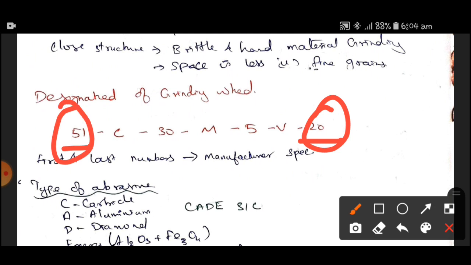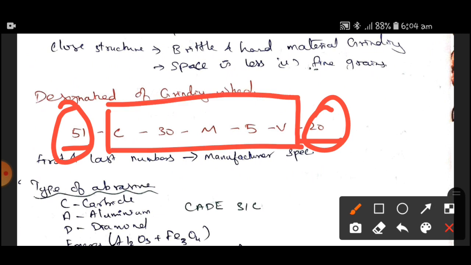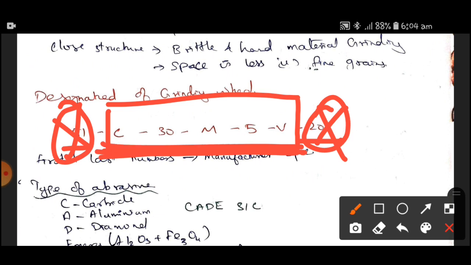The middle five designations are very important in order to see what properties the grinding wheel has. The first and last are not at all important, whereas the middle five are very much important. That is why in this class I am going to categorize and designate these five.